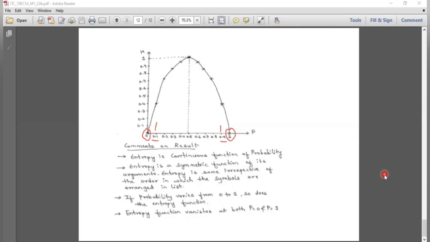Once we know the probability, we can compute the information conveyed by each event, and finally we can calculate the entropy or average information and the information rate.